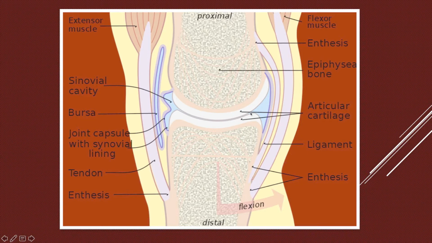And also all the major joints are covered by the articular cartilage. This articular cartilage is like a cushion over the bone, so that when the two bones move on each other, they do not produce friction or rub against each other. So in order to reduce the friction, we have articular cartilage and synovial fluid inside the joint capsule.